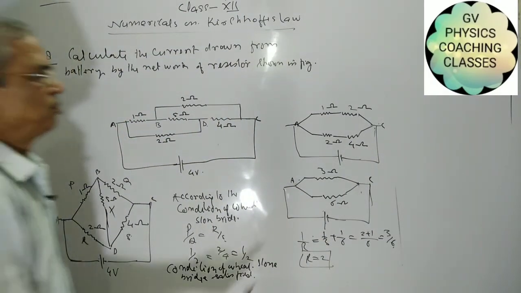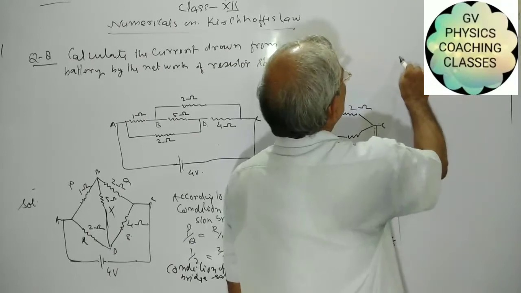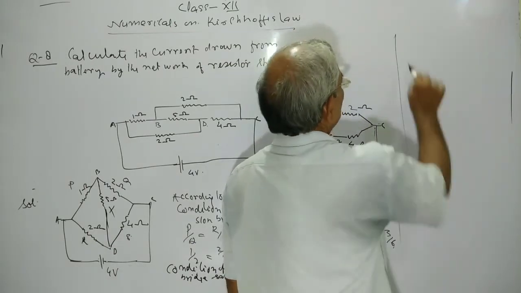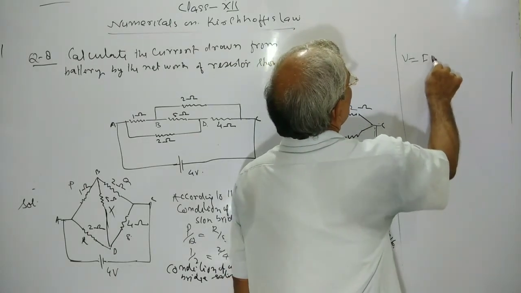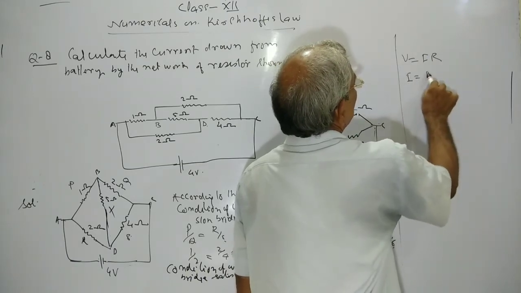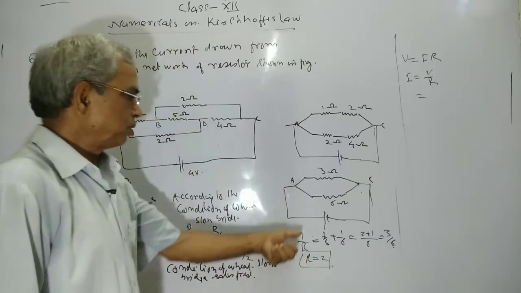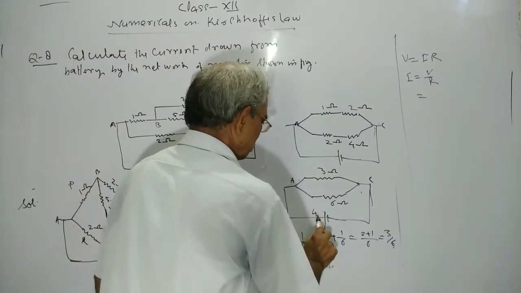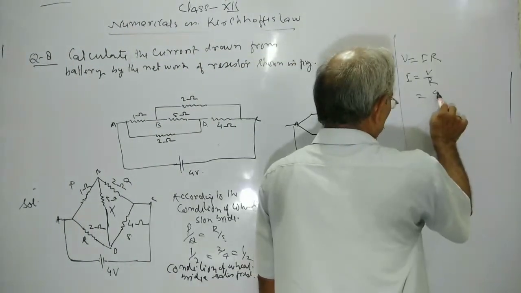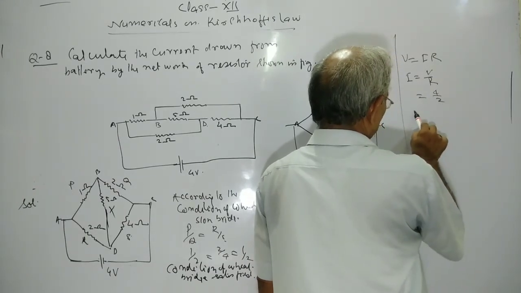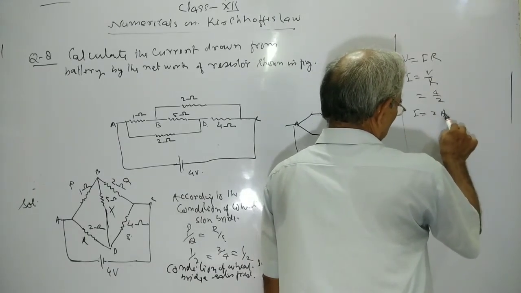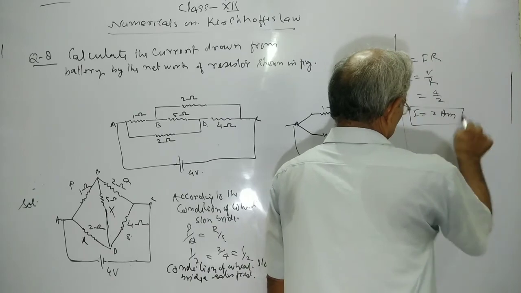Current: V is equal to IR and I is equal to V upon R. V is how much? 4 volt. So 4 upon 2 is equal to 2 ampere. This is the answer.